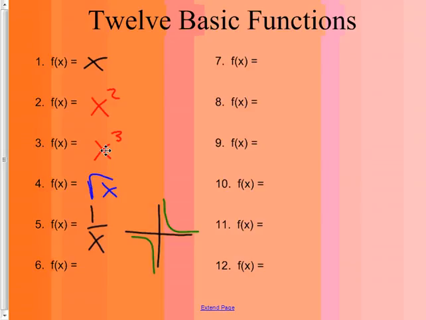You know another one? Ah, yes, absolute value of x. I know you guys have seen this one in higher algebra. Generally looks like that. The V shape. Kind of like a parabola, except it's a sharper V. Absolute value of x.